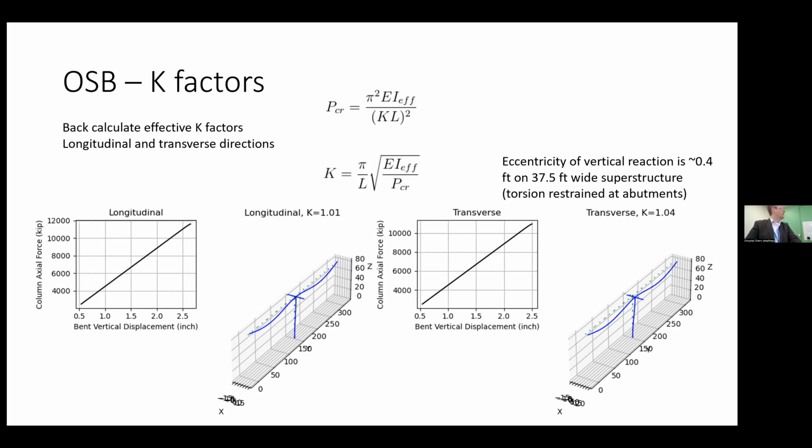But with an actual restraint, that K factor can come down quite a bit, and with K lower, you can make your column diameters a little smaller. That's something we're looking into, these types of system level behaviors.